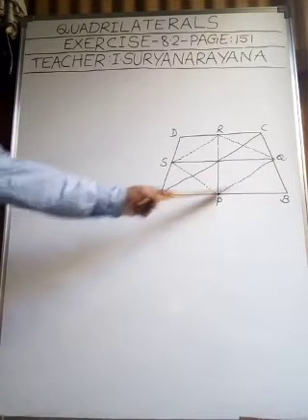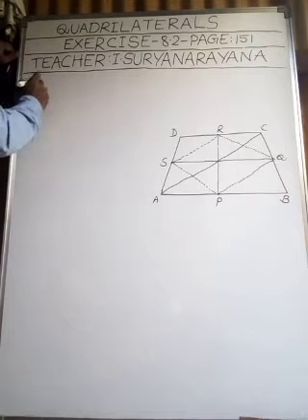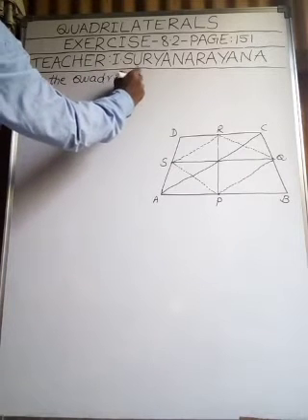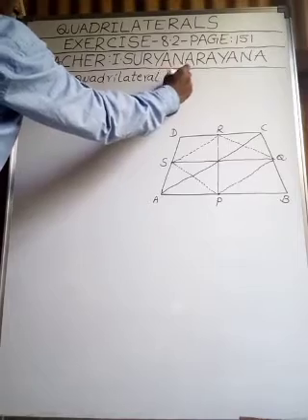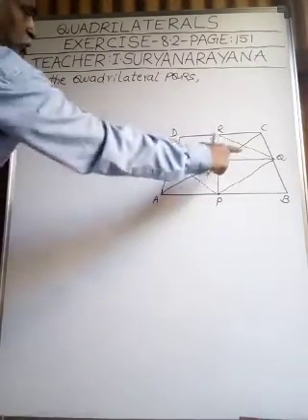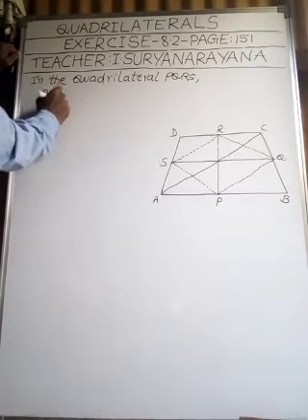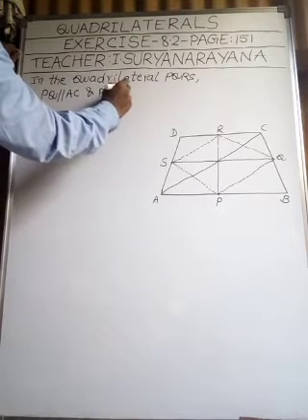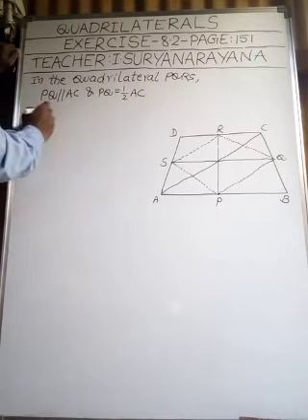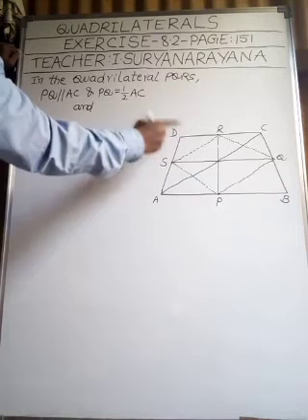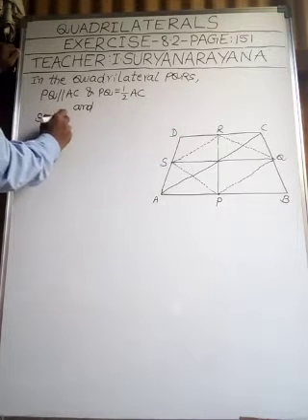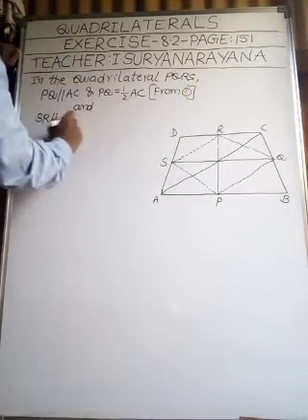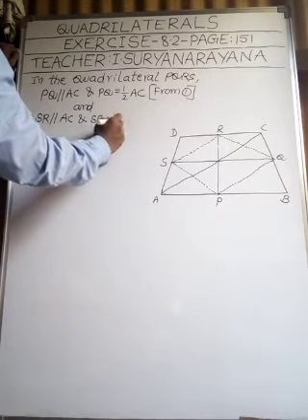So in the quadrilateral PQRS, PQ is parallel to AC, and PQ is equal to half of AC, and SR is parallel to AC from 1, and SR is equal to half of AC.